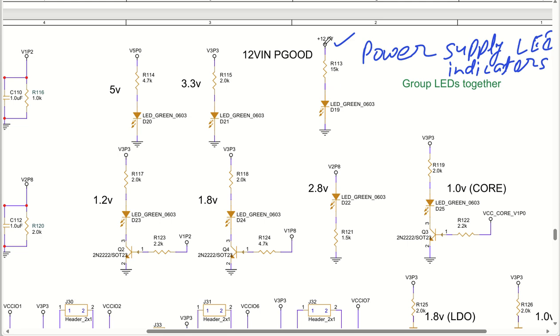As you can see, for 12 volt we have this particular LED which is going to glow. Whenever there is 12 volt available on the board, this particular LED D19 will glow green.